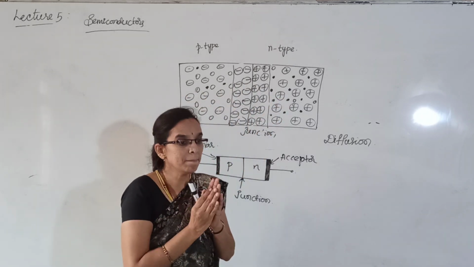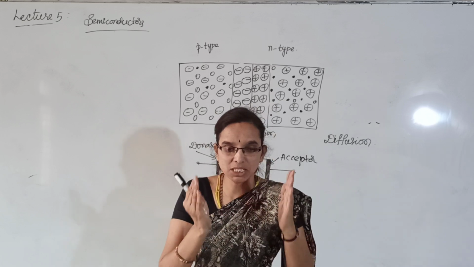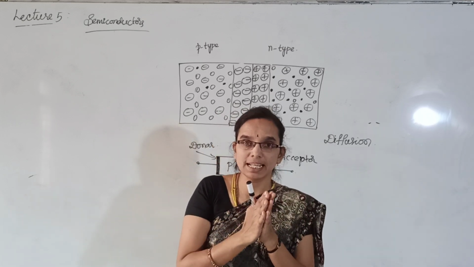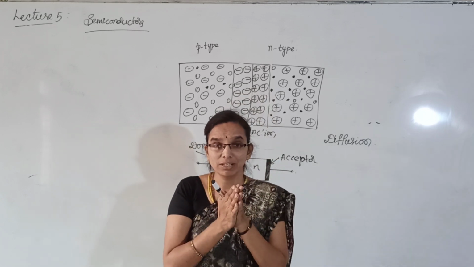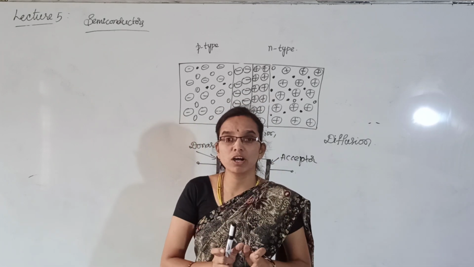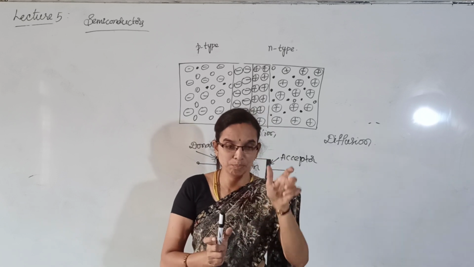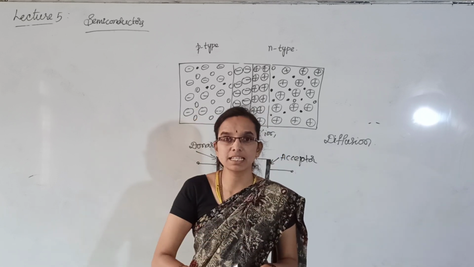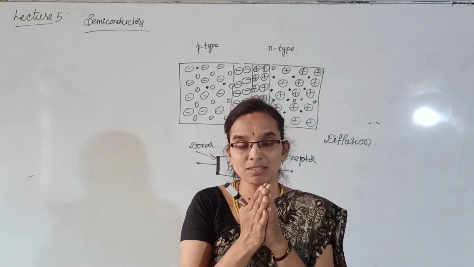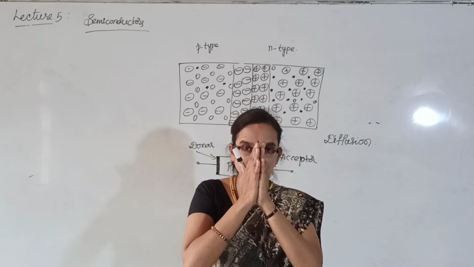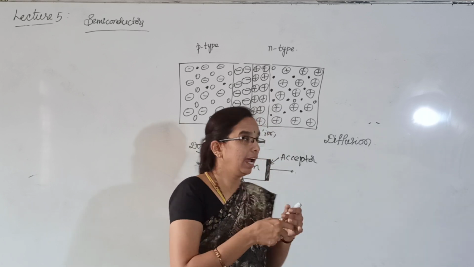So at some point, once the junction is formed, holes and electrons recombine, that is, diffusion takes place. Once the wall is formed, with negative ions on the p side and positive ions on the n side, the recombination process stops.